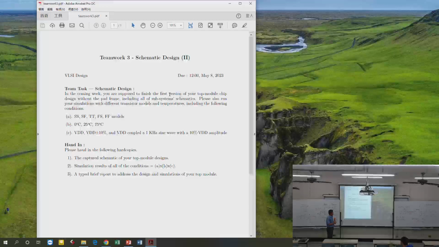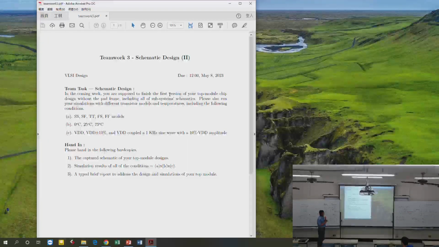Certain blocks, that's fine. In the coming week, you need at least 1 level up to integrate, okay, as many blocks as possible in the schematic design and run simulations in these corners. 5 models, 3 temperatures, and 4 VDD conditions, all right?